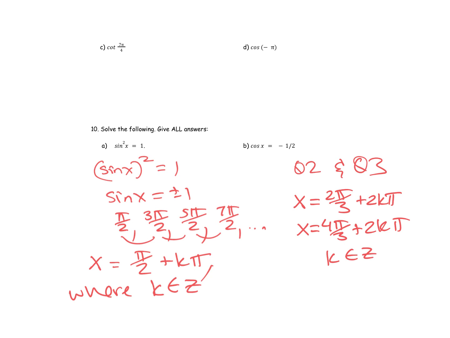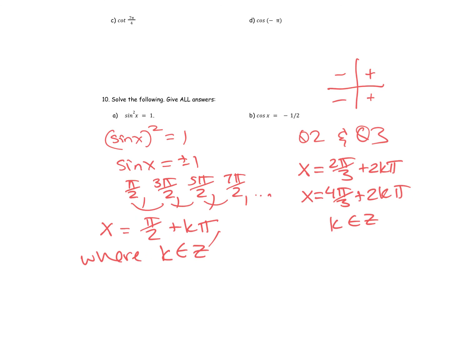Well, the nice thing about cosine is, remember, it is positive in quadrants 1 and 4, and negative in quadrants 2 and 3. So instead of writing two separate angles plus 2k pi, I could just write it as x equals plus or minus 2 pi over 3, in one statement, because negative 2 pi over 3 is coterminal to 4 pi over 3.